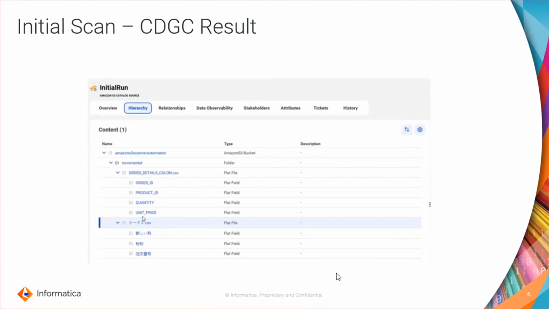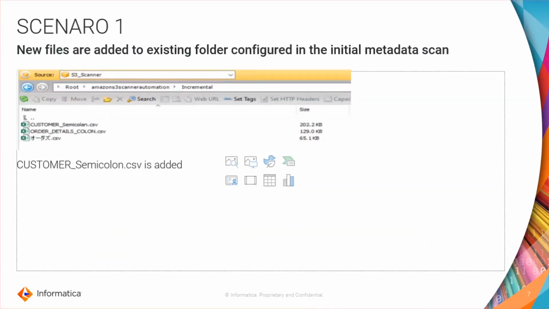Now let's consider a scenario where we are adding new files to the existing folder configured in the initial metadata scan. Suppose we are adding another file called customer_semicolon.csv in the same folder which has been configured in the initial metadata scan. Now, when we run the scan again for the Amazon S3, we'll get two options.